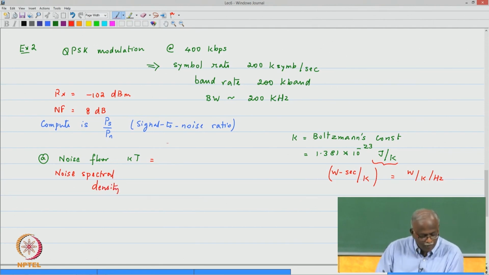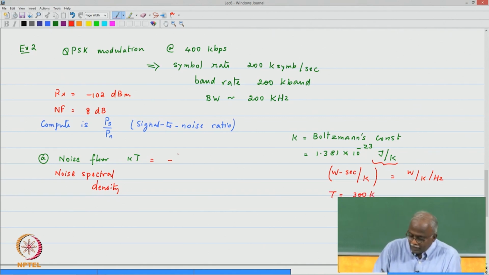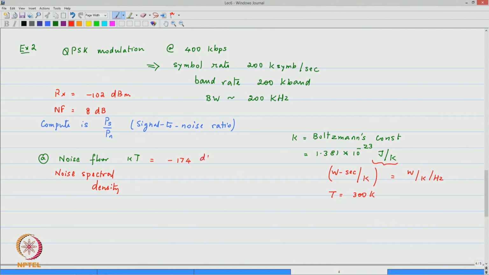This is a calculation that you can substitute and obtain with 300 Kelvin. If you take the temperature to be 300 Kelvin, then we can get minus 174 dBm per hertz. Basically, you have converted it into a dB expression. Okay. Now, the second term that we would like to incorporate in order to estimate the noise floor would be the bandwidth of the signal.